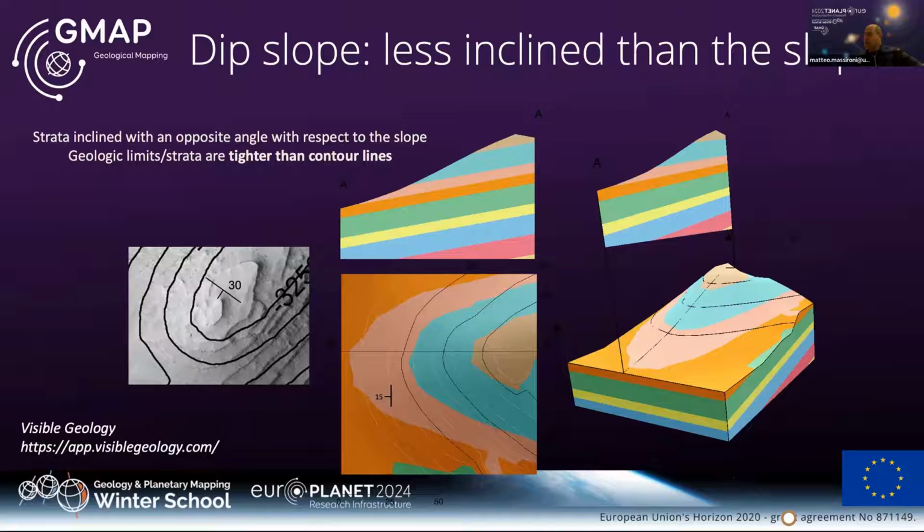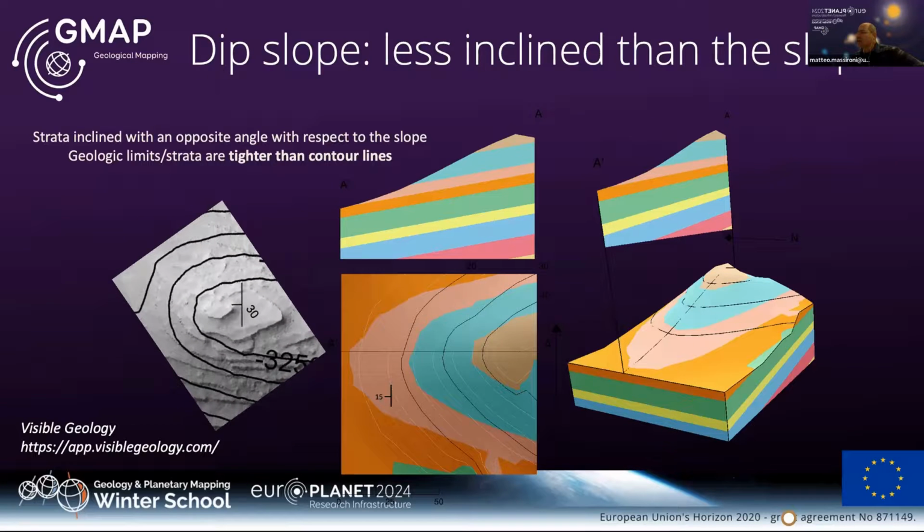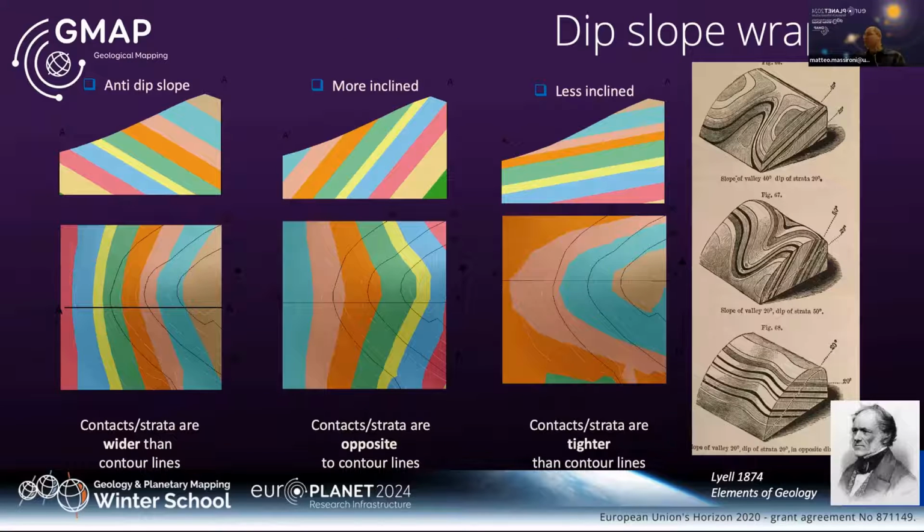So knowing the shape of the contacts, it's possible to derive the measurements of the stratification. And in the same way, knowing the measurement of the stratification, it is possible to constrain the contacts on a planetary surface. And these kinds of concepts are well known since the 19th century.